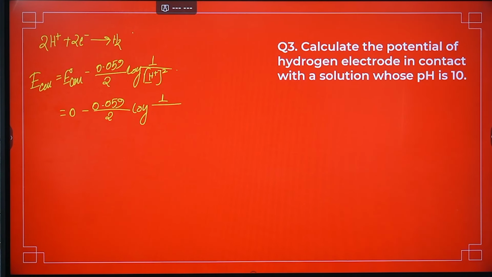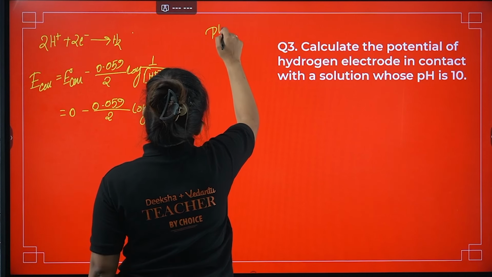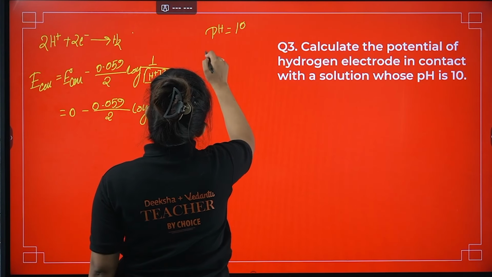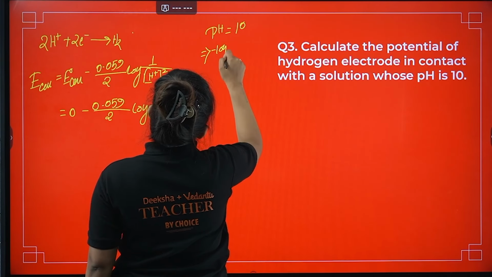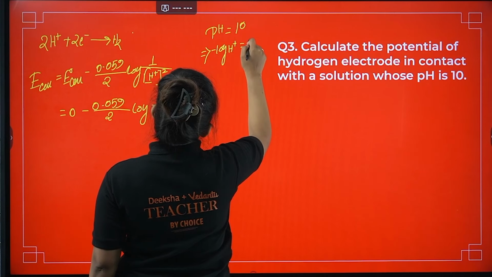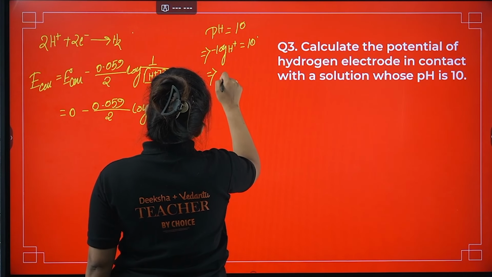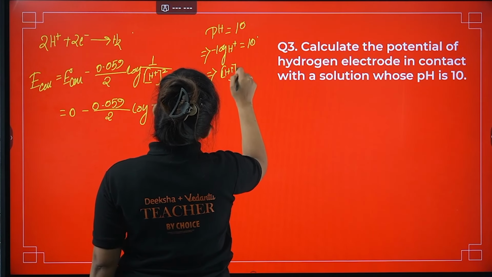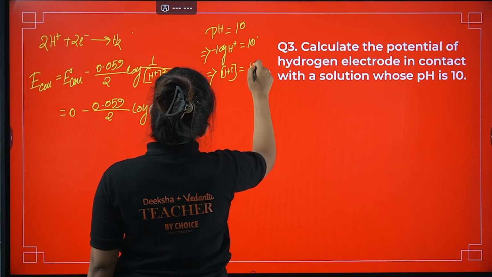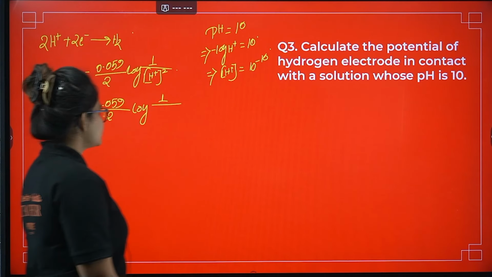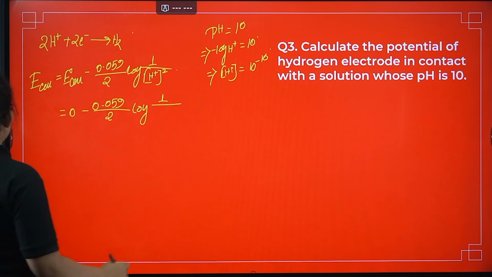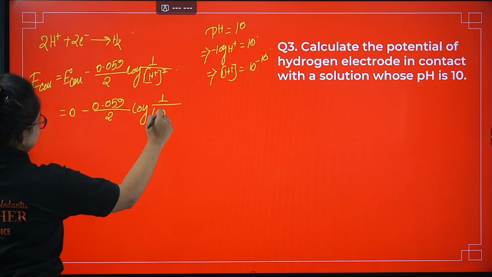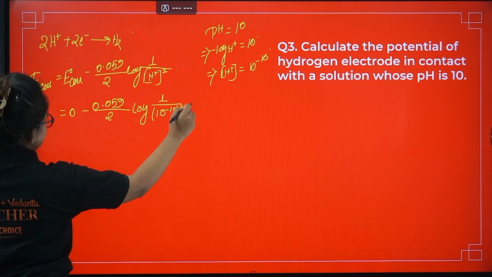As you can see, pH is 10, right? pH is 10 means minus log of H plus is 10. So the concentration of H plus, if I calculate, is going to be 10 power minus 10. Let me write the same thing, 10 power minus 10 whole square.